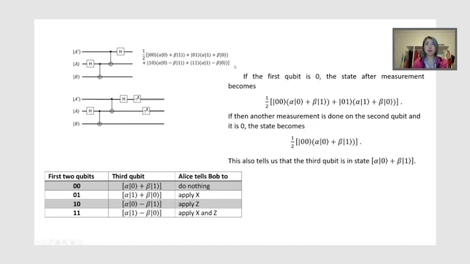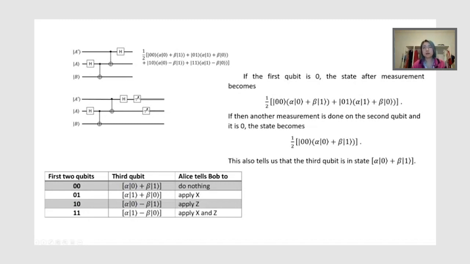So those will cancel out. If her outcome is 0, then it's not possible to have these terms still in your system. So only these 2 terms are left.